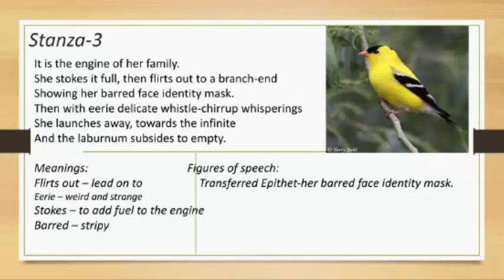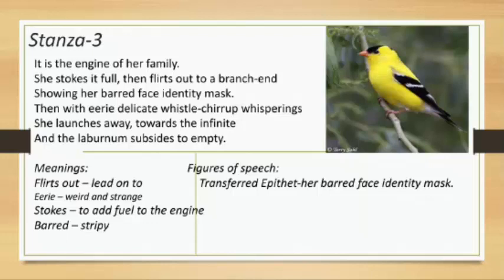So when the bird was perching on the branch, the face of the bird was being covered with those flowers of the laburnum tree, which were a little striped, right? So that is the reason it is said that the bird had a recognition identity, and that was the striped face mask. So that is the flowers which are coming in front of the face of the bird.